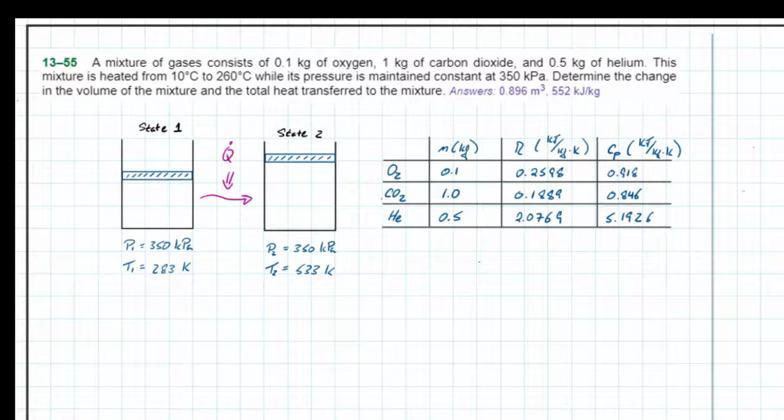And when we get to state 2, we find out that this change of state has occurred at constant pressure, so both the volume and the temperature have changed.